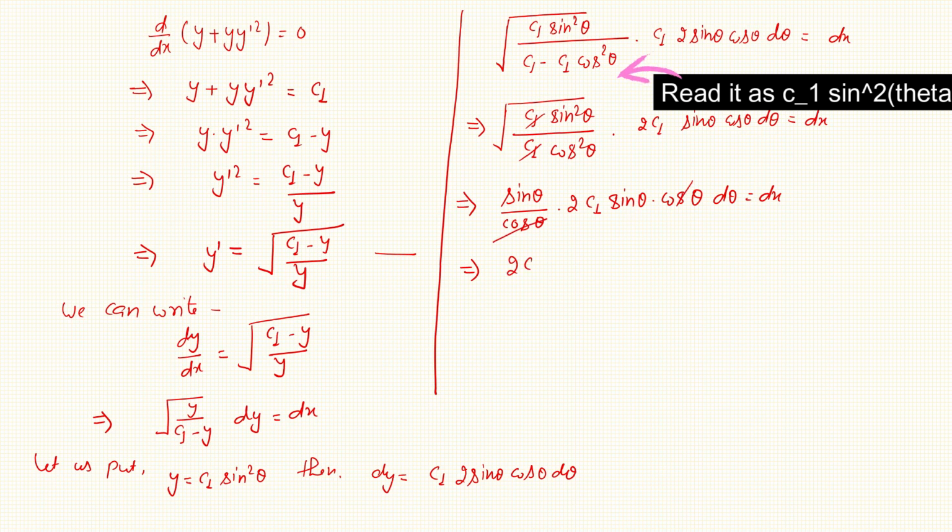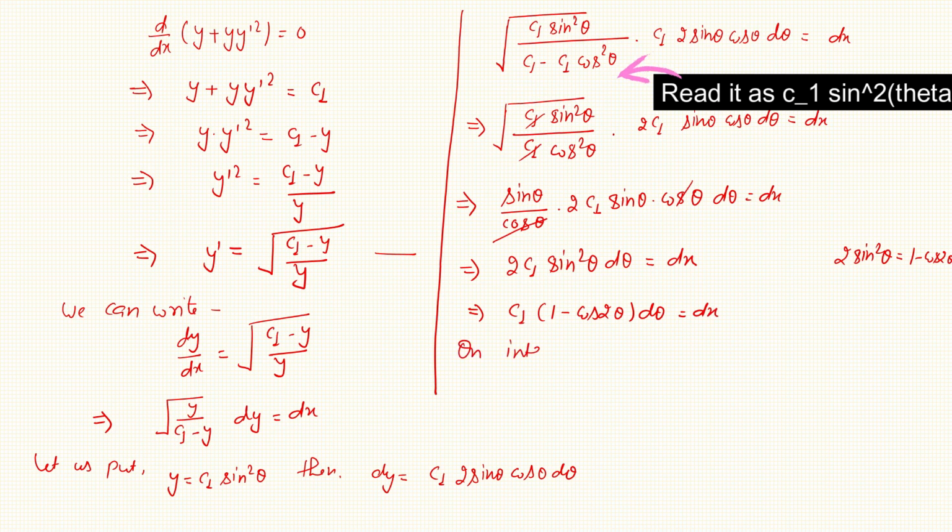We will have 2c1 sin square theta d theta is equal to dx. Also 2 sin square theta can be written as 1 minus cos 2 theta. Then we will have c1 into (1 minus cos 2 theta) d theta is equal to dx.